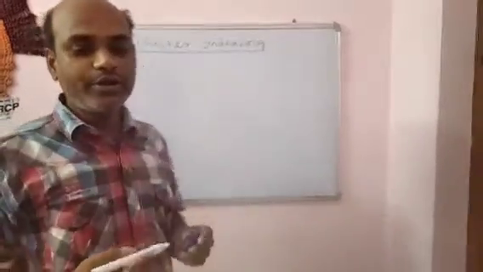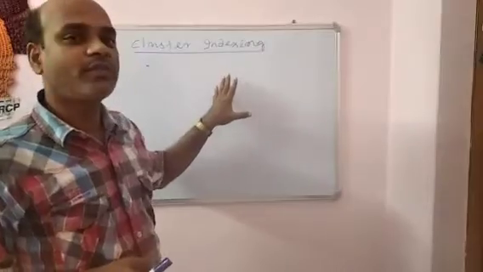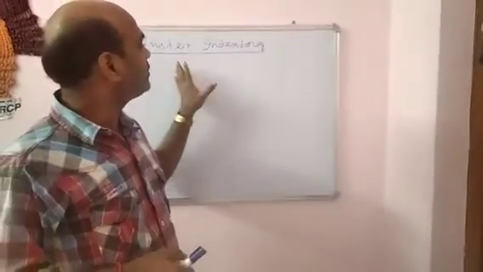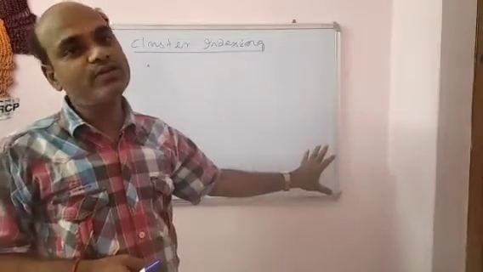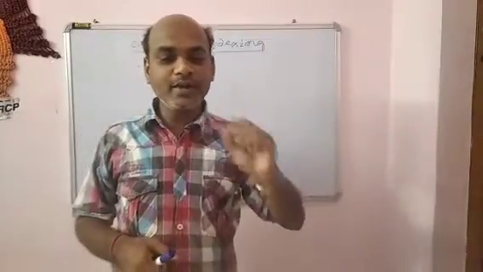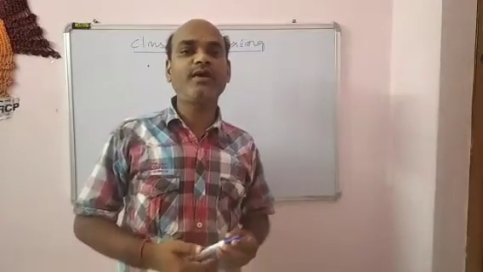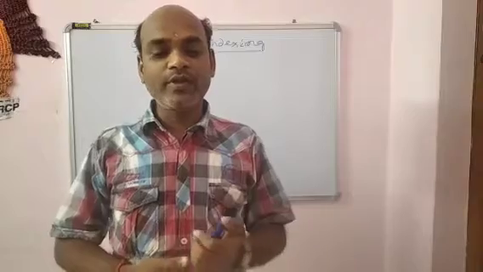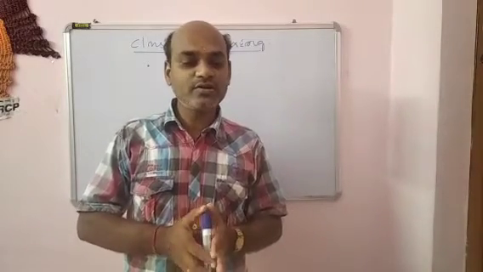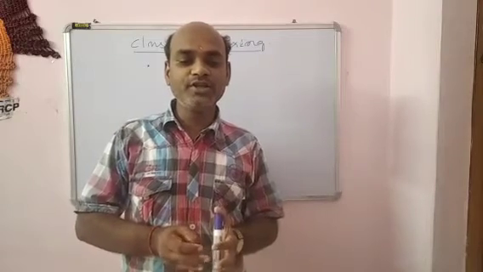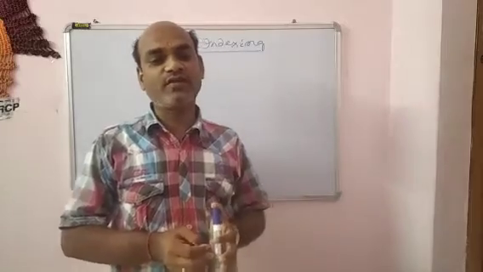So in cluster indexing, the index file is created by considering a non-key value, and the main file is in sorted order. If the records of a file are physically ordered on a non-key field that does not have a distinct value for each record, that field is called the cluster field.